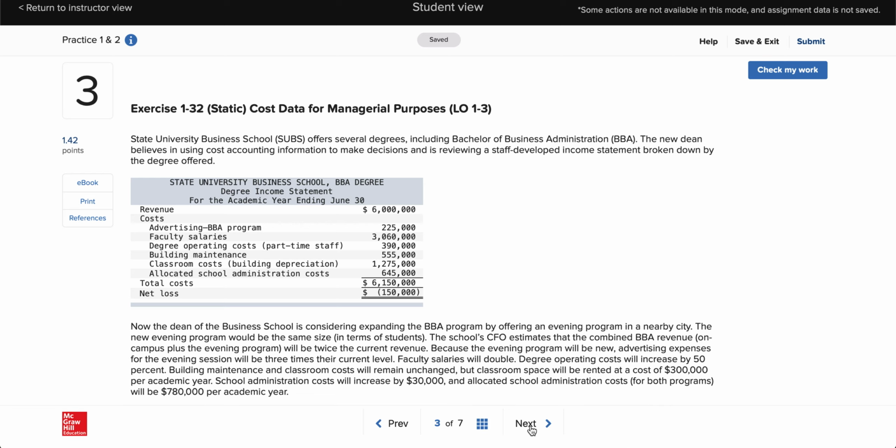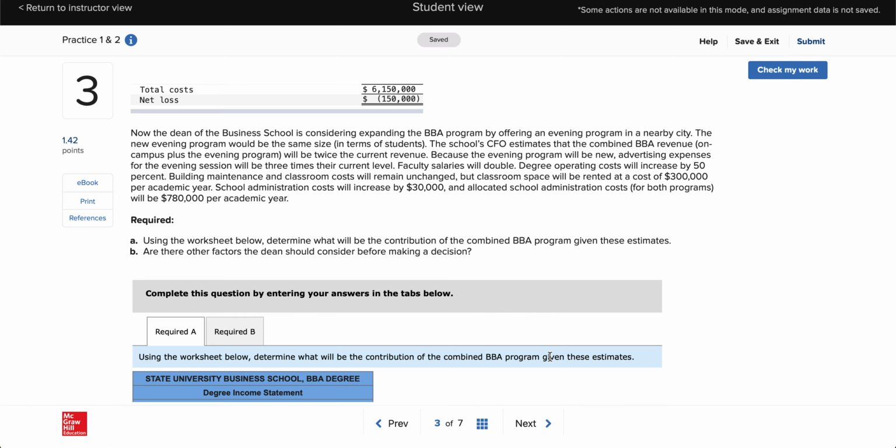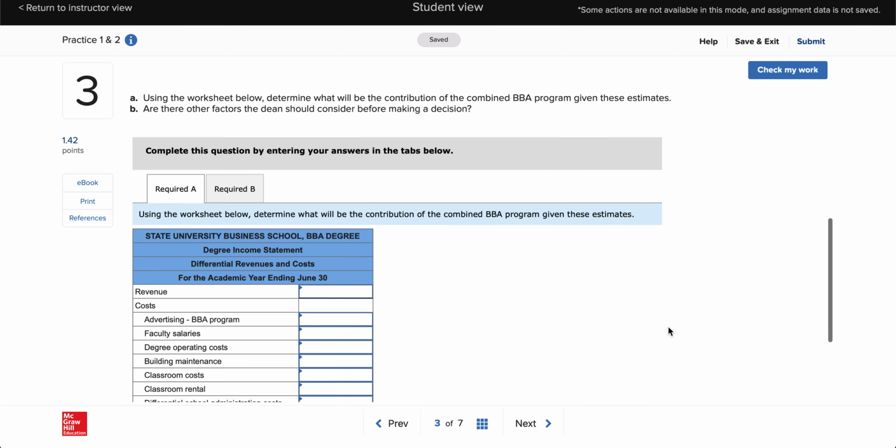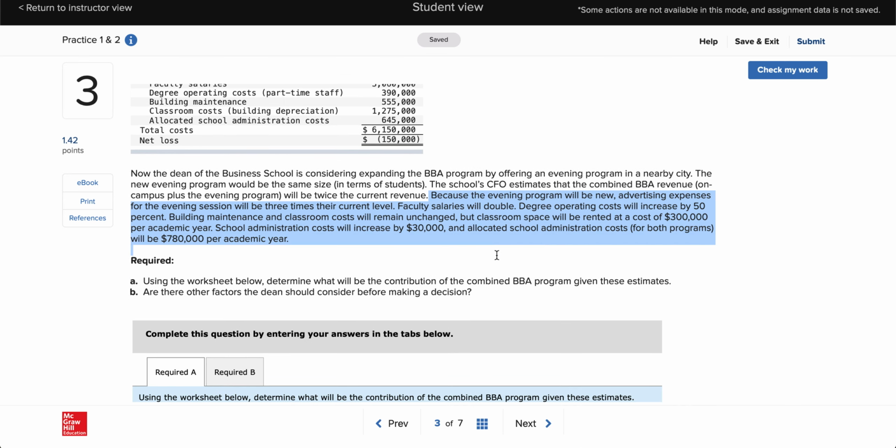Same information, but what they want us to do this time is to determine what the contribution of the combined BBA program would be if we consider the estimates they have given us here. What I did personally in working this problem, and you can do it on a separate sheet of paper, is jot each one of these items down individually.